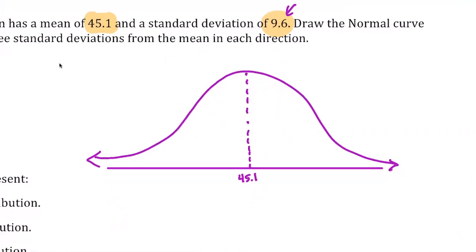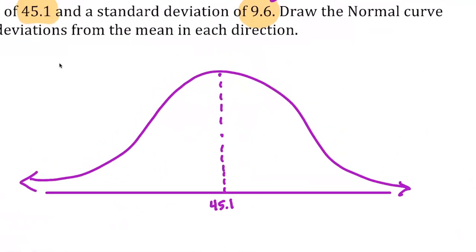So all we do is take 45.1 and add 9.6 to it, and that gives us 54.7. You just found your first region.